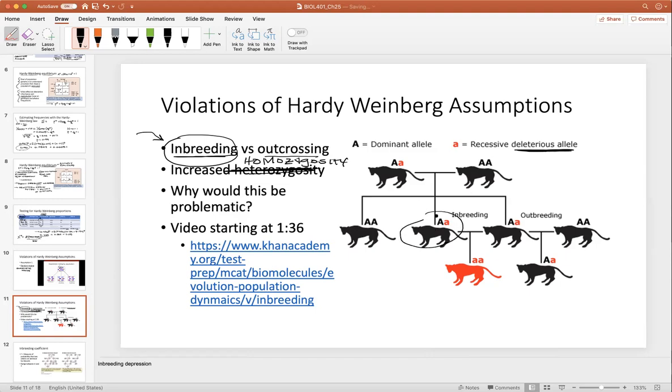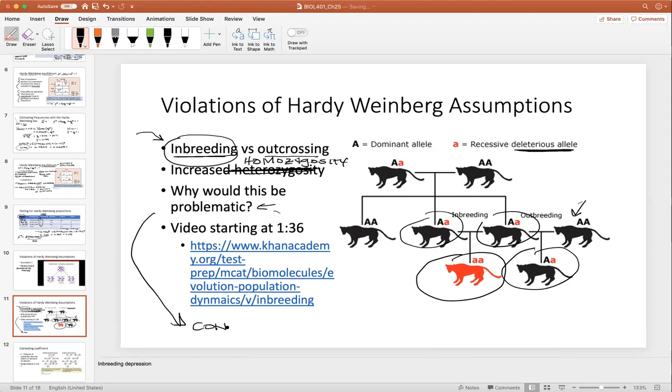Some of their babies are carriers. Well, if there is inbreeding that occurs, do you see how you've now concentrated this deleterious allele versus if you have some outcrossing here, you have an individual that's normal, okay? So this is problematic, this increased homozygosity, okay? Because it can concentrate disease alleles.